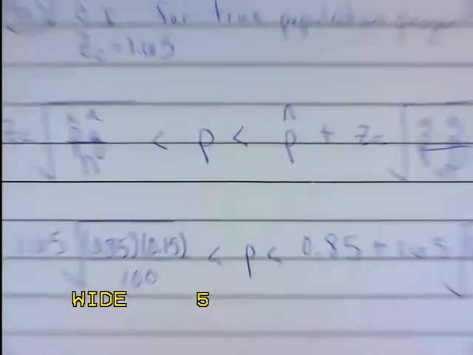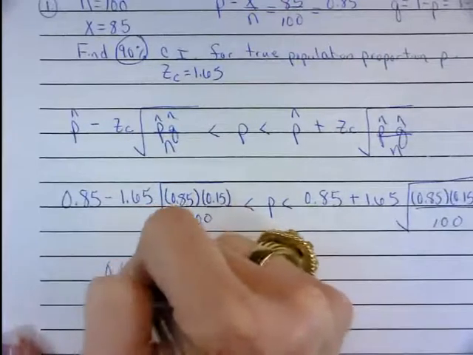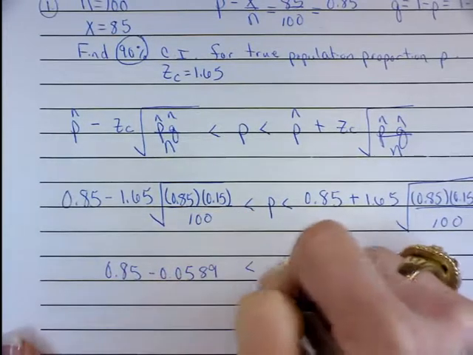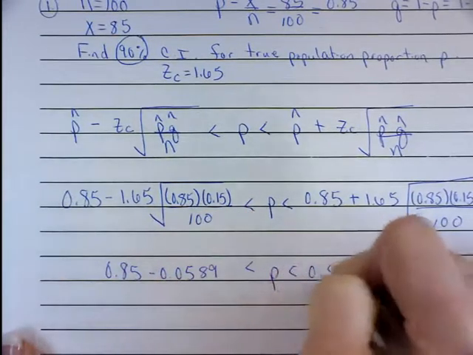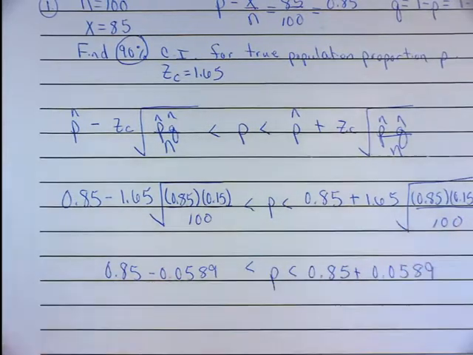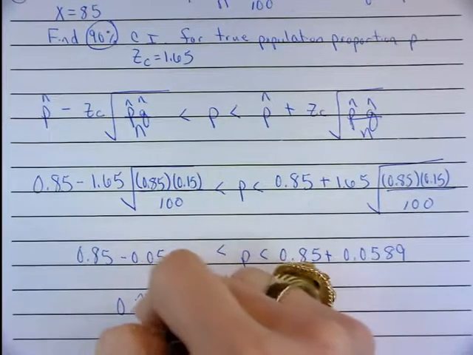Regardless of how you do it, and you just have to practice, you get 0.85 minus 0.0589 less than P less than 0.85 plus 0.0589. And this is where you'll subtract from and add to, and the final answer is given to 3 places accurately. That's 0.7911.